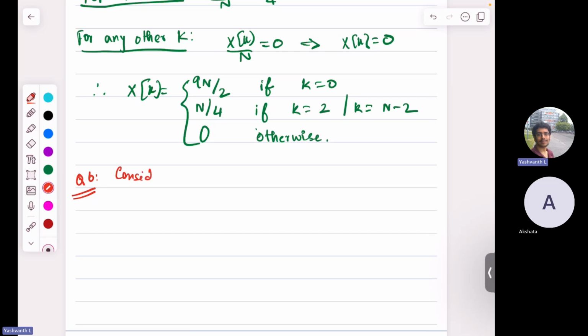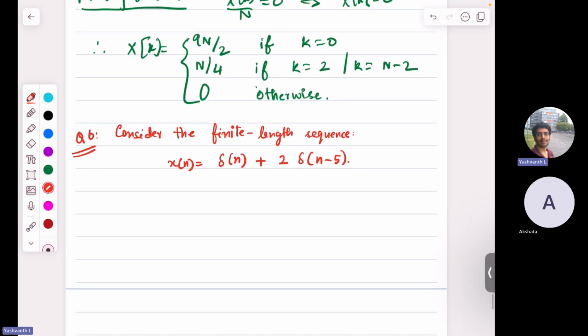Okay, so the next question is, consider the finite length sequence x of n equal to delta of n plus 2 into delta of n minus 5. The question is, A, find the 10-point DFT of x of n.